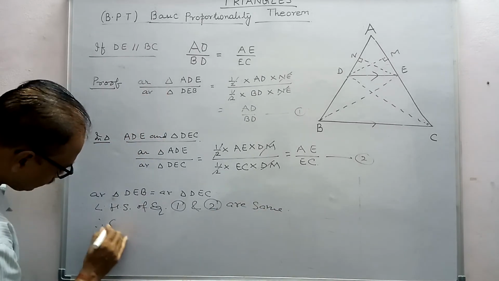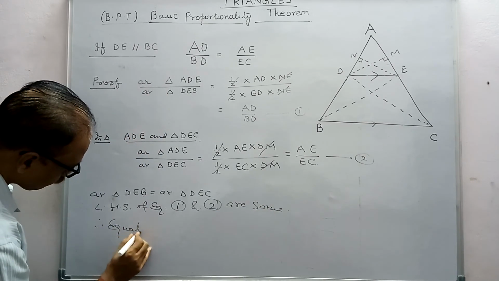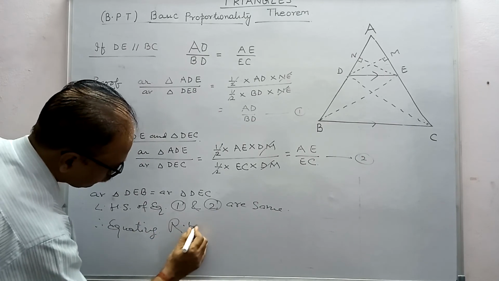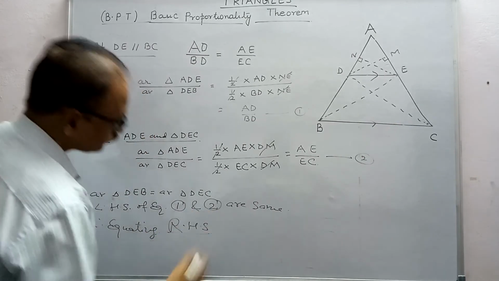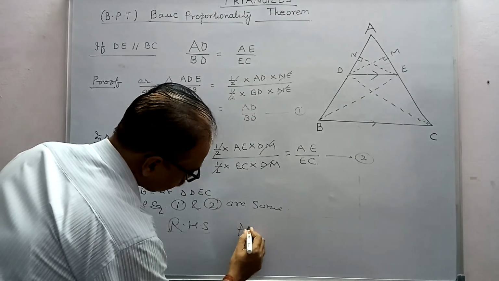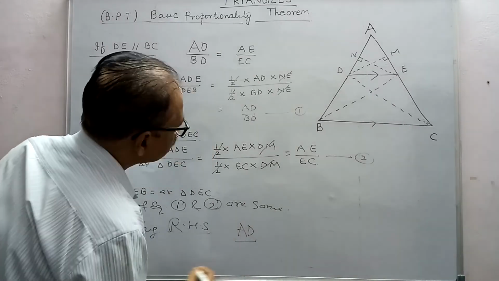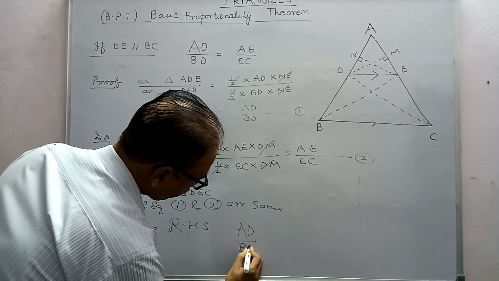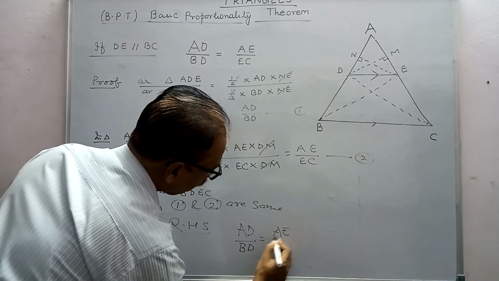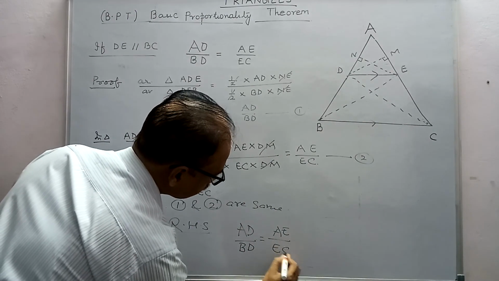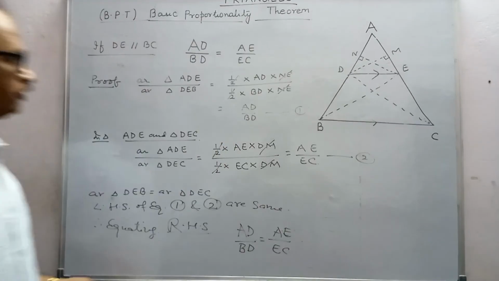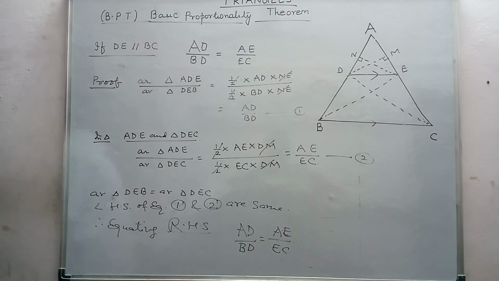Therefore, equating the RHS of both the equations, you get AD upon BD is equal to AE upon EC. This is the proof of the basic proportionality theorem.